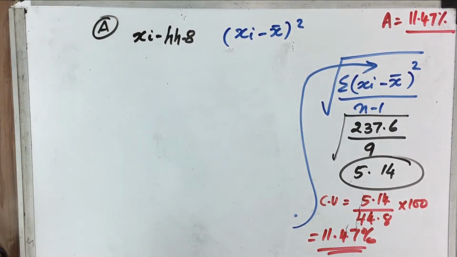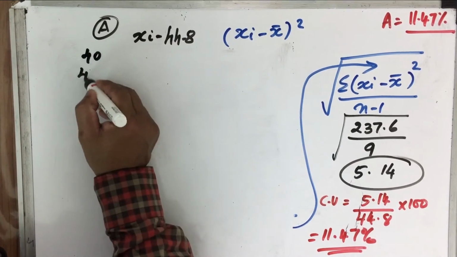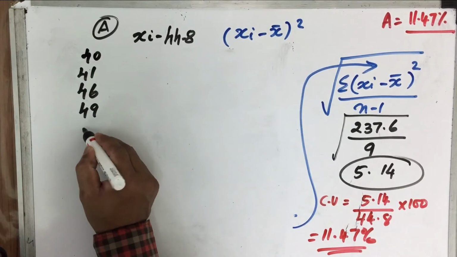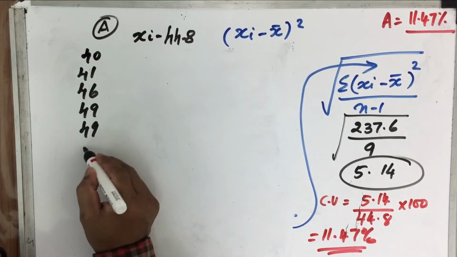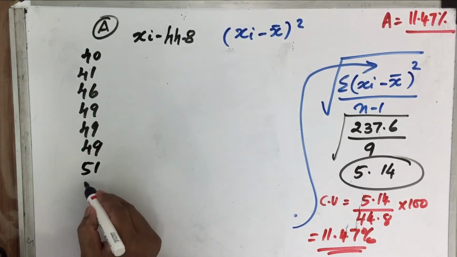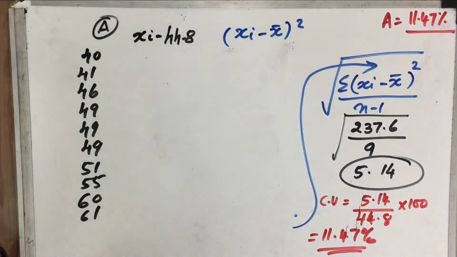Let us assume that the heights of the next species of plant are 40, 41, 46, 49 centimeter, another 49 centimeter, one more 49, 51 centimeter, 55 centimeter, 60 and 61. You see that there is visibly a change, but we are not able to find the variation in that. So first of all, we need to find the x bar.